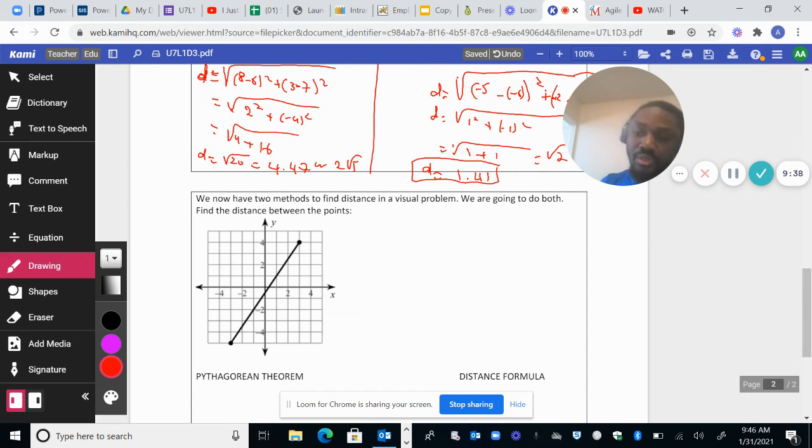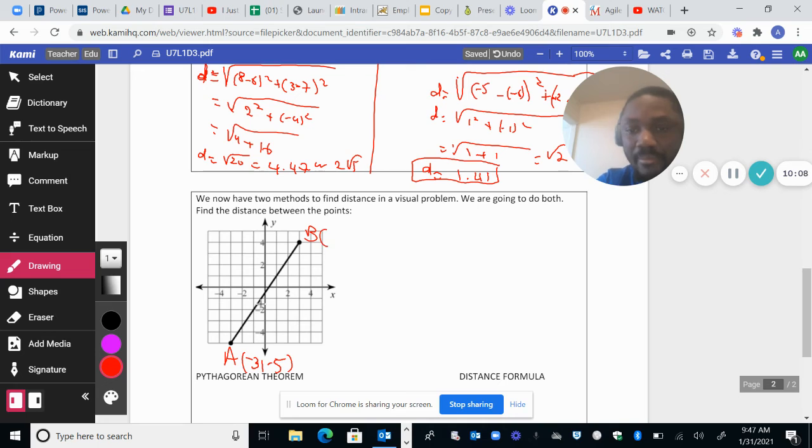Here, what do we do? Just locate, if you decide to call these A and B, locate A, locate B. We're going to use the Pythagorean rule and the distance rule. A is at the point x value negative 3, y value negative 5.